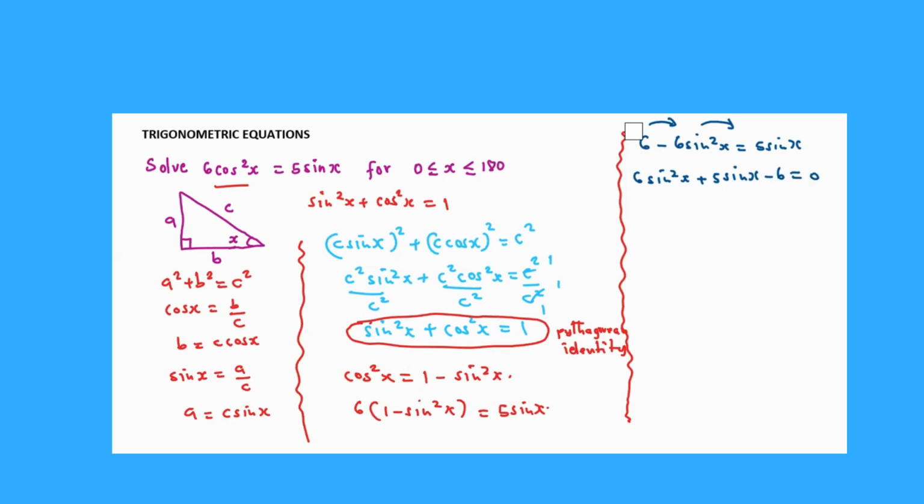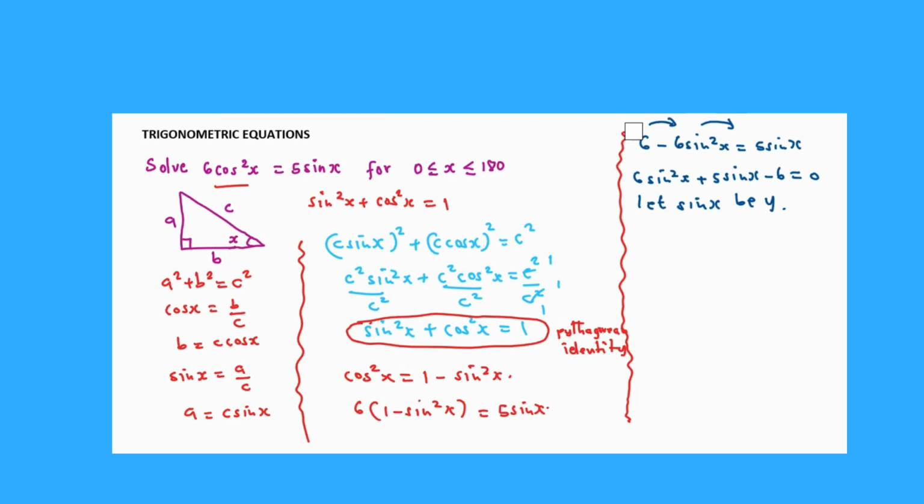Then, because we cannot work out this quadratic equation with sine x, we can just say let sine x be something like y. So sine squared x is the same as sine x times sine x.